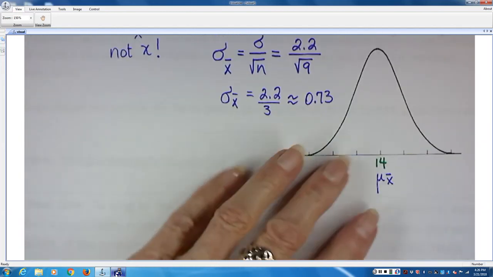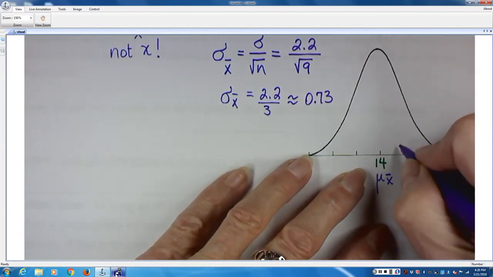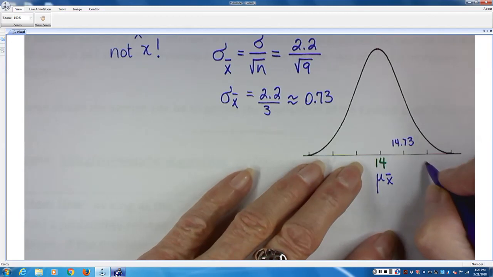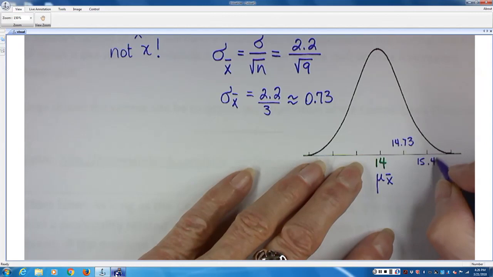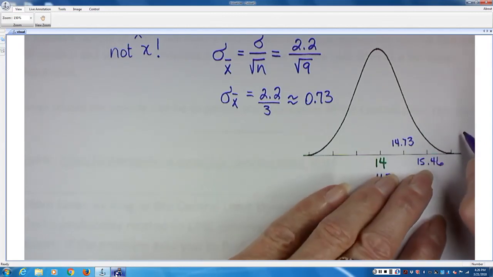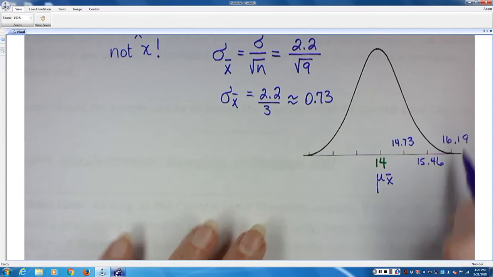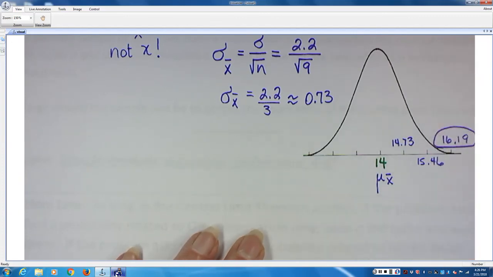So this is what my curve looks like. The top value on this curve is 16.19 minutes, and that's a mean. Now I can go down too, but I'm not going to do that in my head, because I know I'll mess that up.